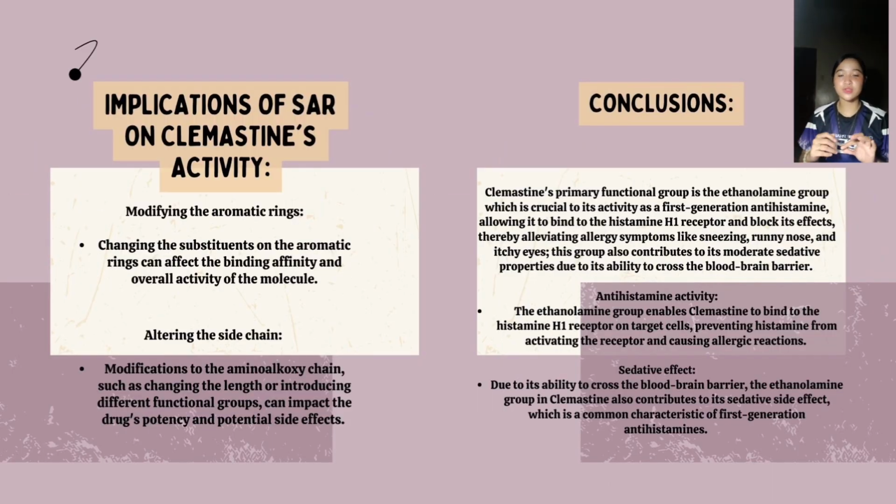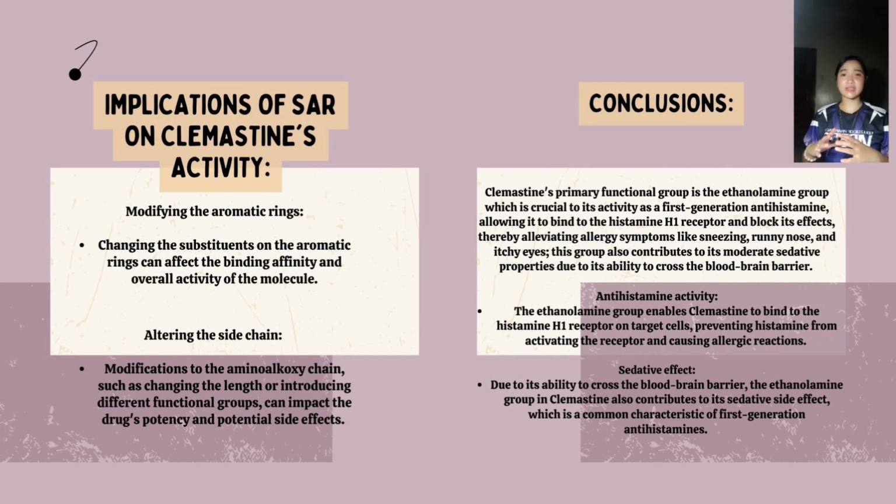Now, let's move on to the implications of the SAR, or the structure-activity relationship of the clemastine drug. There are two implications for the clemastine drug. They are modifying the aromatic rings and altering the side chains.